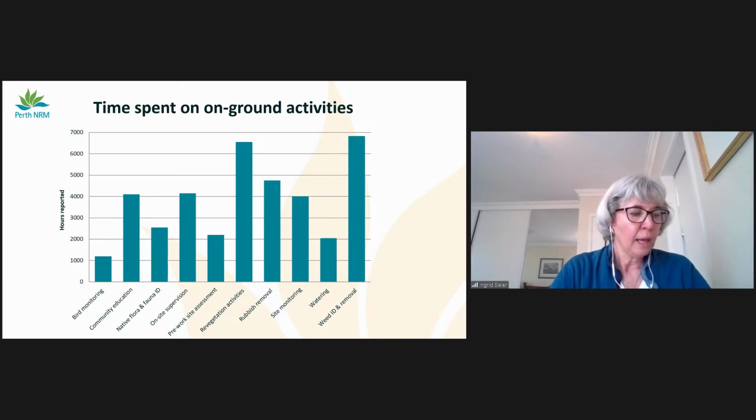So what we did was we asked them to report on the time spent on the on-ground activities, and then in the next slide, the support that they give. And what we found was that in 2017, they reported a total of 51,180 hours. And at $30 an hour, we've estimated that this is worth about $1.5 million.